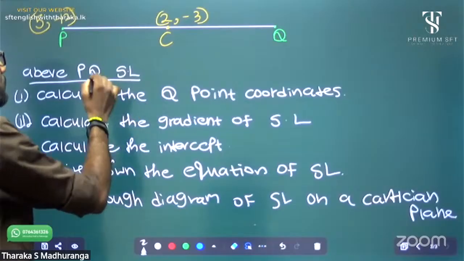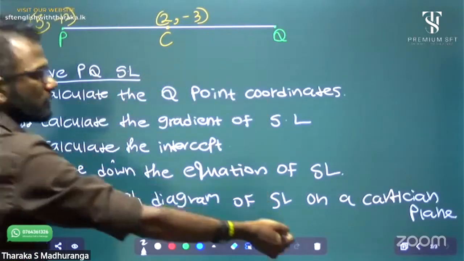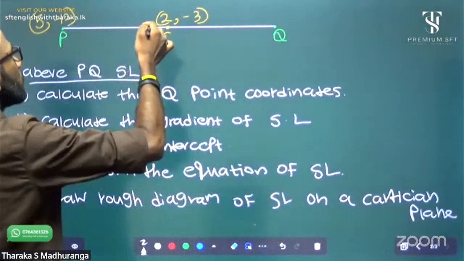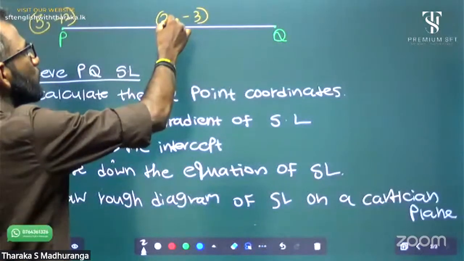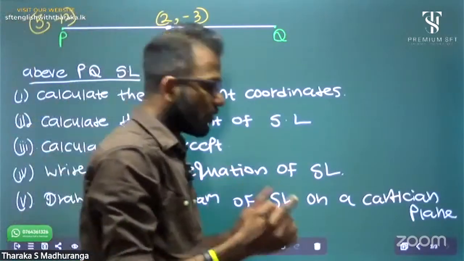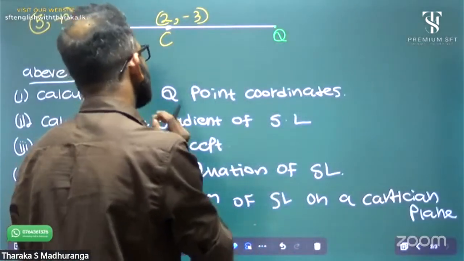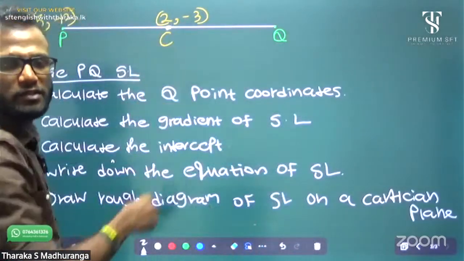Okay, PQ is a straight line. Now the midpoint of PQ is C. C is the midpoint of the PQ straight line. The question asks to calculate the Q point coordinates. Yes, the midpoint coordinates are given.